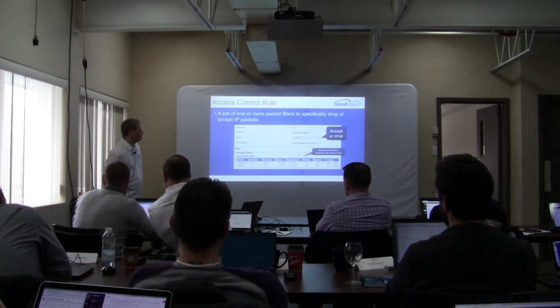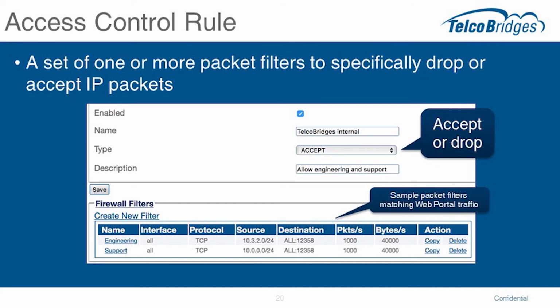These are manual rules, just an example of manual rules. So, except from a range of IPs and specific protocols, destination. This is really accessing from our internal network to the web portal, which has 12358. And you see there's also a packets per second maximum, bytes per second maximum.